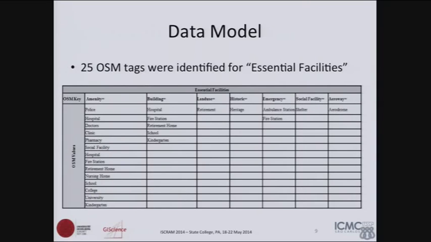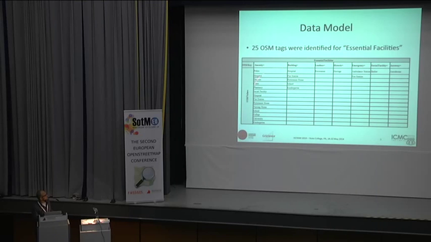So the result is that we generated an initial data model that we will also propose to the community, and we hope to get contributions from others. It tries to do this kind of mapping between these concepts of hazards, like essential facilities, and the different OSM keys and values that correspond to this.